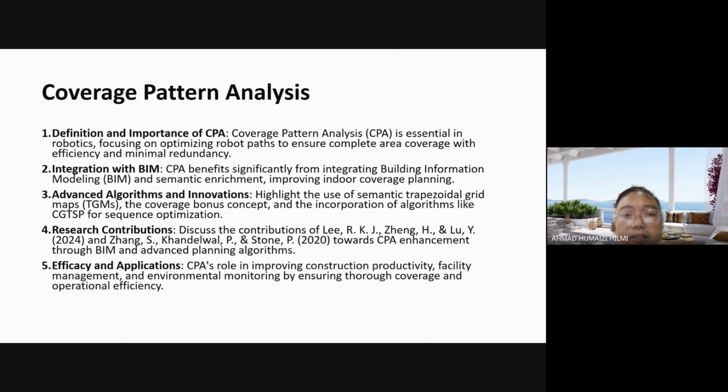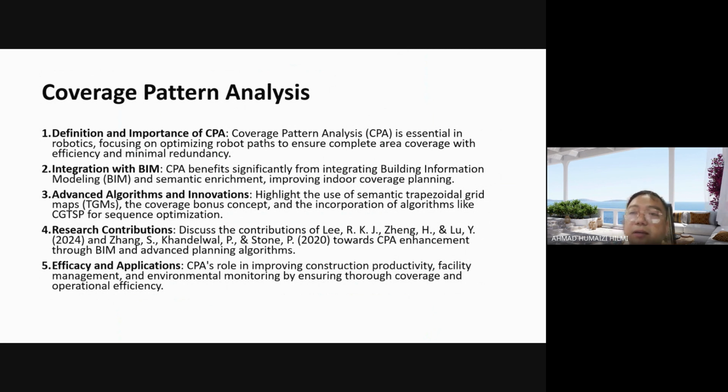I will explain the meaning of each methodology and how they are used in research, so that when you encounter this kind of problem, you will know there are analyses that can overcome your problem. So we start with coverage pattern analysis.